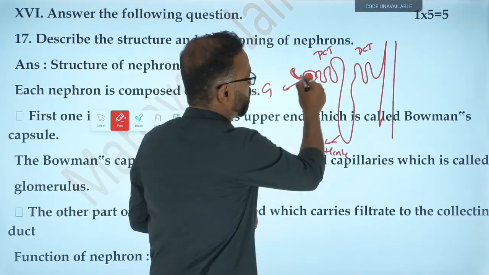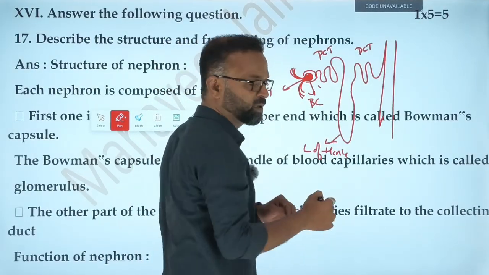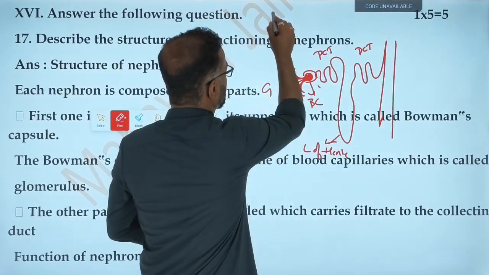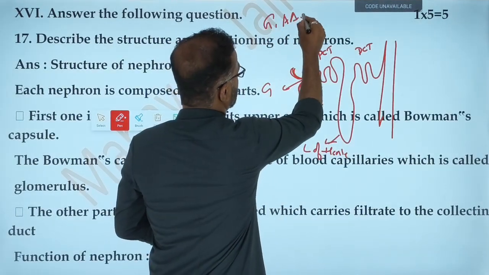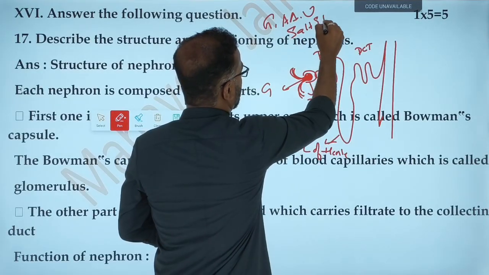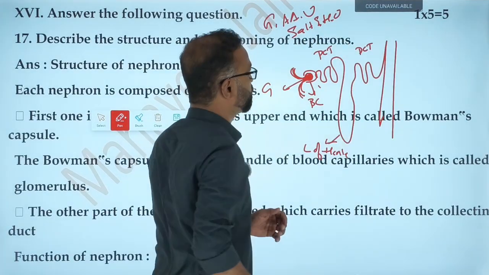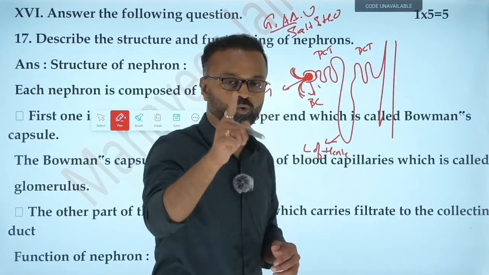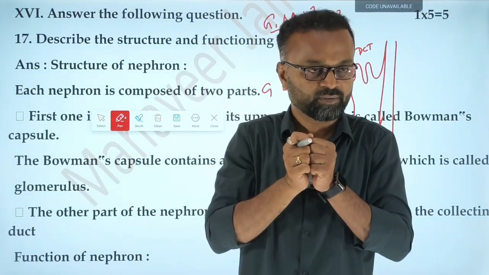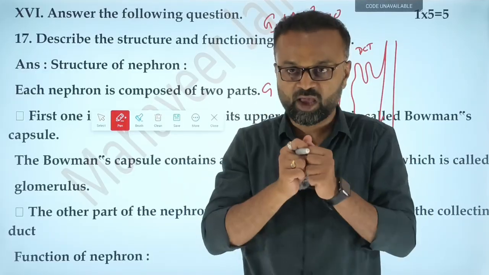When the filtrate is moving, this is glomerular filtration. When the filtrate, that is glucose, amino acids, urea, salt and water, is going across the proximal tubule, useful components like glucose and amino acid are reabsorbed back into the blood. That is called selective reabsorption.